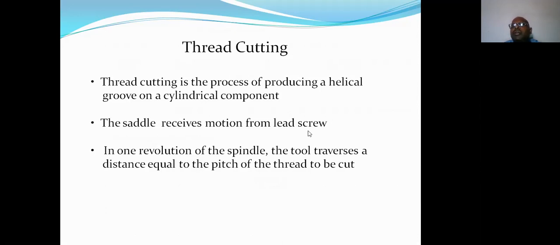That means the movement of the saddle or the carriage is such that for one rotation of the lathe spindle or one rotation of the job, the lead screw allows the movement of the carriage equal to a length equal to the pitch of the thread. In that way only the required pitch is produced.